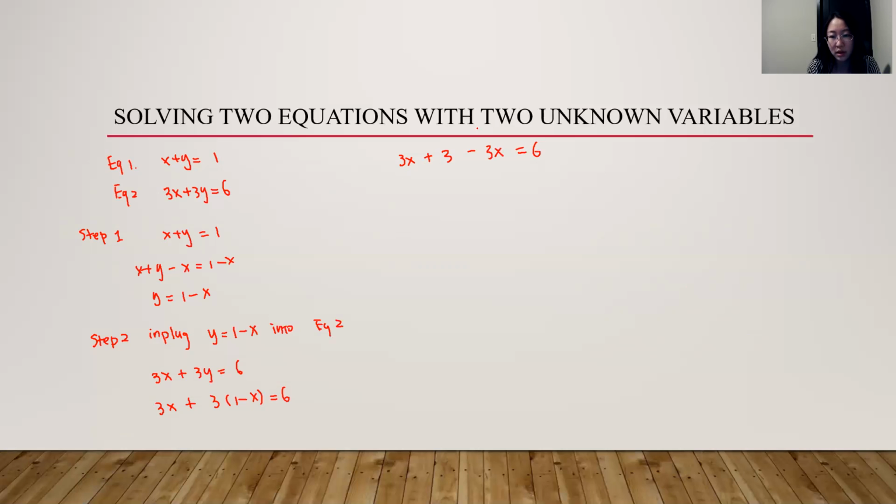So 3x minus 3x, those two terms cancel out, and what is left is 3 equals 6. So we know this does not hold. 3 cannot equal 6. So that's why we say there's no solution for this two equation system.